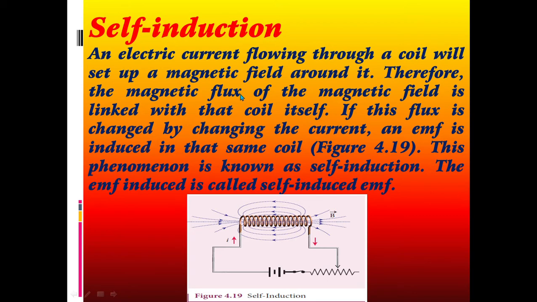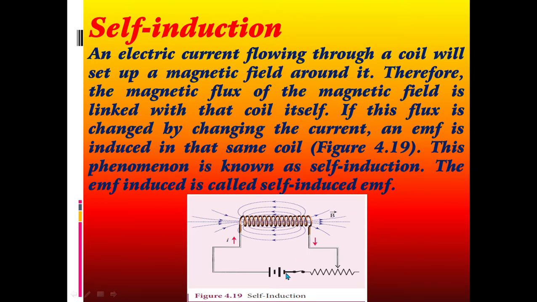When we apply current through this coil, it forms magnetic lines of force, and this magnetic flux is linked with the coil itself. If this flux is changed by changing the current, an EMF is induced in that same coil. This phenomenon is known as self-induction.